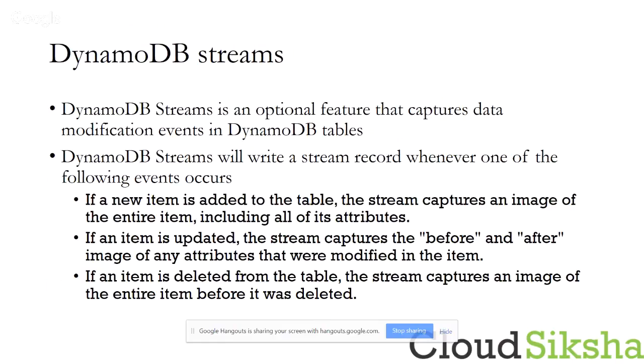That is, if you add a new item, you get an event generated. If you delete an item, you will get to know that, and you can also get a message which says, okay, this item has been modified. This was the item before the modification. This is the item after the modification, and so on. So that's what DynamoDB Streams does.